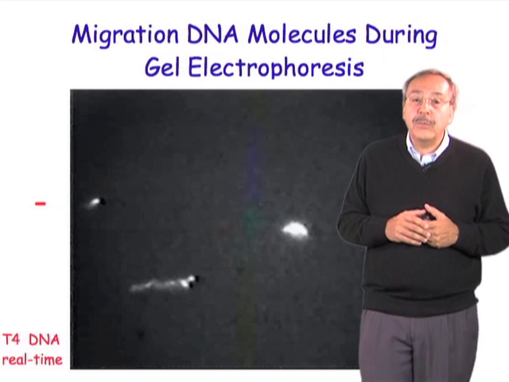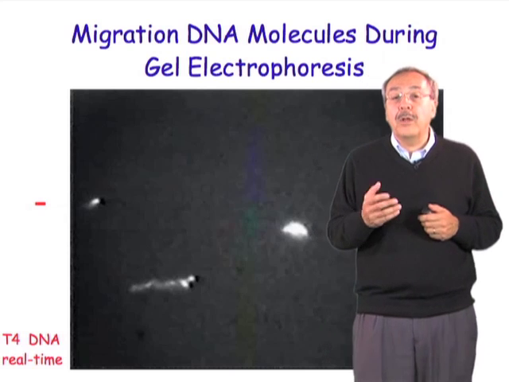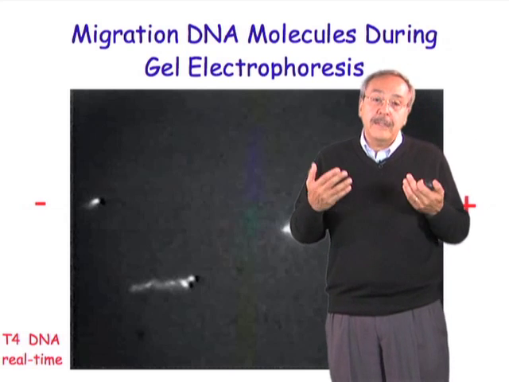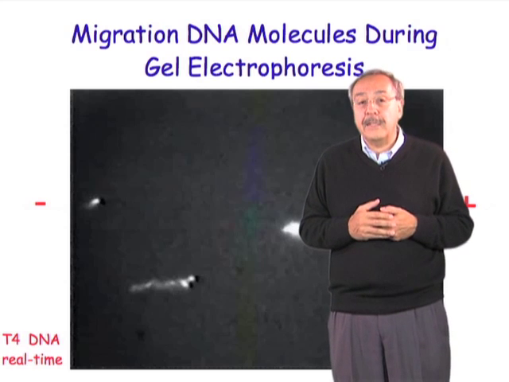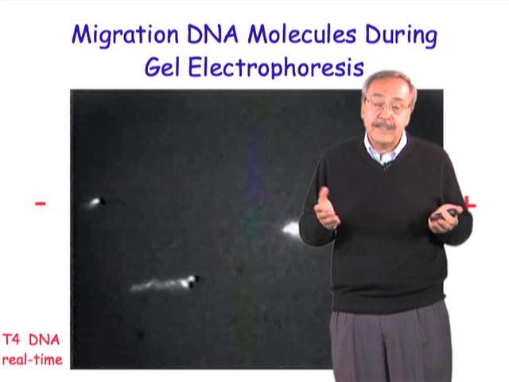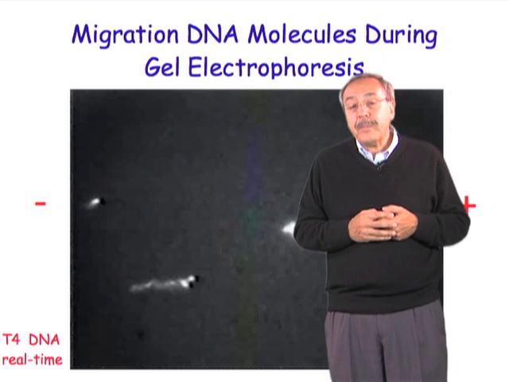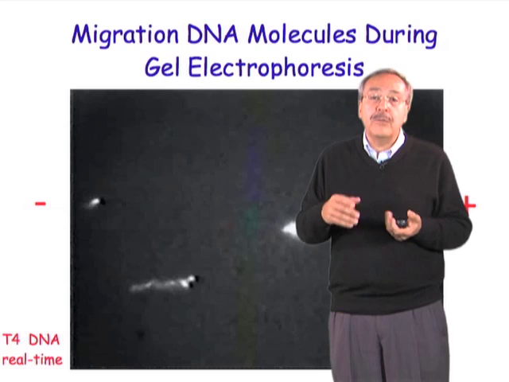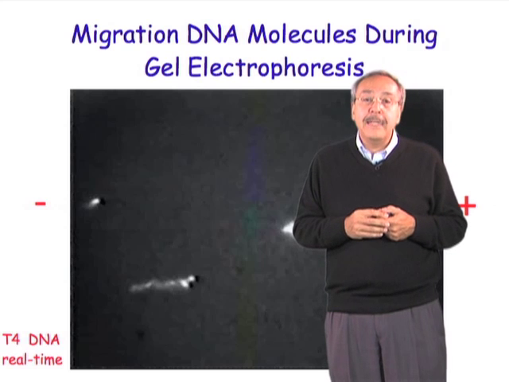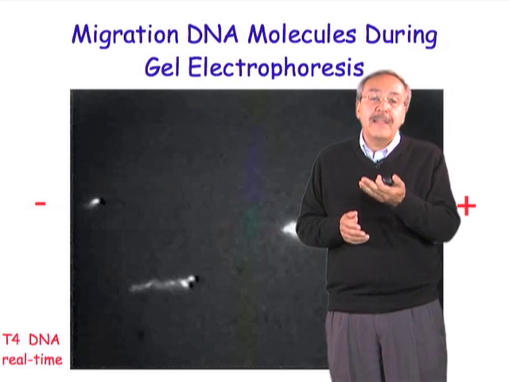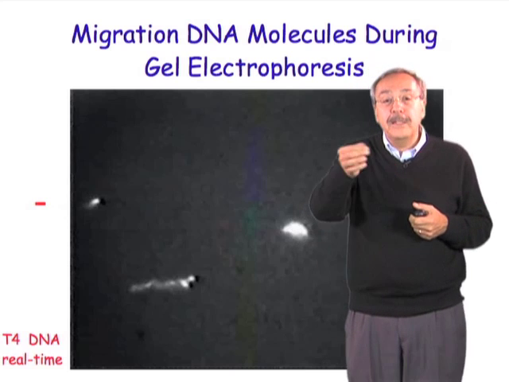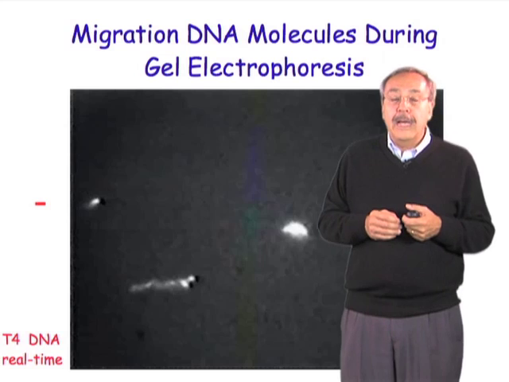In order to do that, what we did was an experiment where we mixed molecules of DNA with ethidium bromide, which is a dye that intercalates in the DNA and that renders the molecules fluorescent. Now, we mix these molecules of DNA with a gel, in this case it was agarose gel, and then we put them between a slide and a cover slip, allow the gel to harden, and then we seal this cover slip with nail polish.